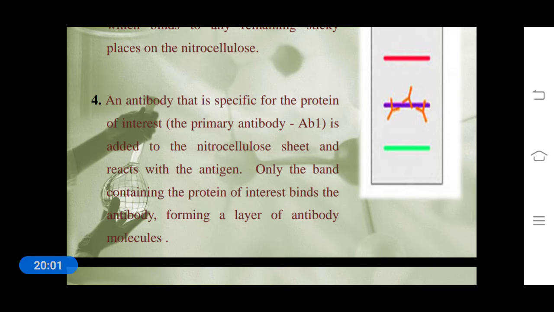Only the band containing the protein of interest binds the antibody, forming a layer of antibody molecules. The primary antibody will only bind to the suitable protein.